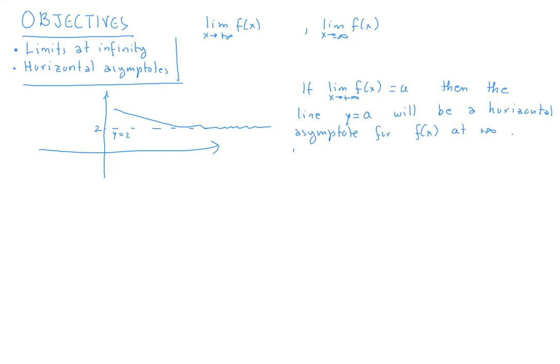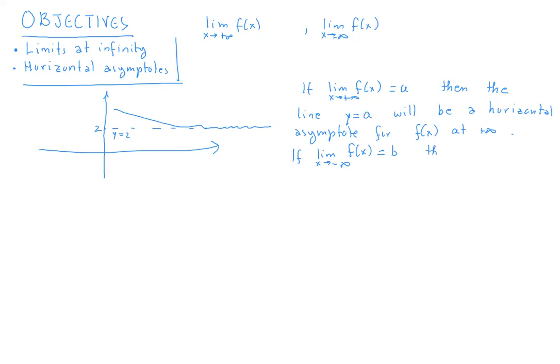Similarly, if the limit as x tends to negative infinity, this time, of f of x is, let's put some other letter. The letter doesn't really matter. We could still put a. I'm going to put b just to suggest that if anybody thinks that it's the same function f of x, there's a possibility that we could get two different limits.